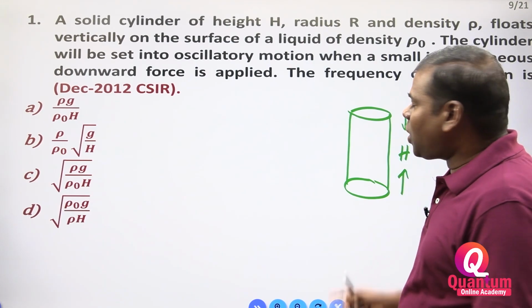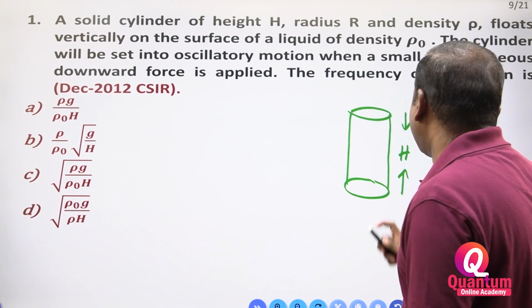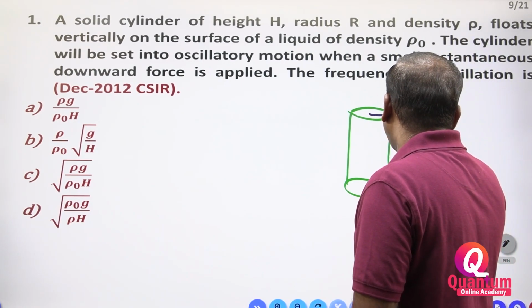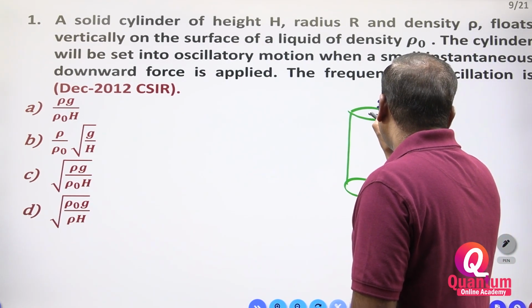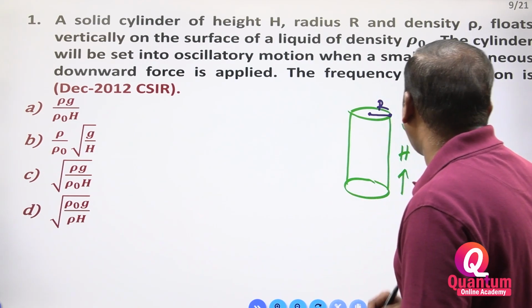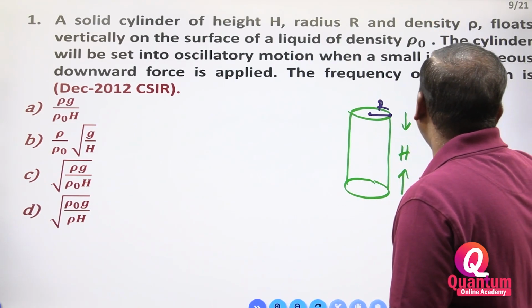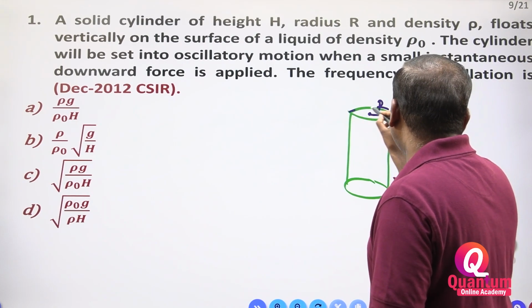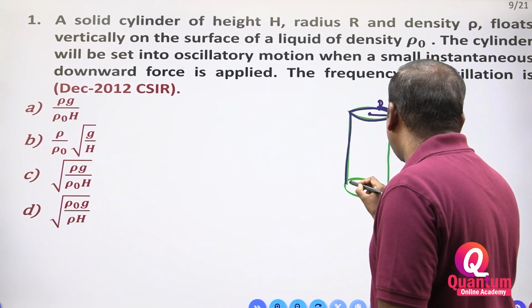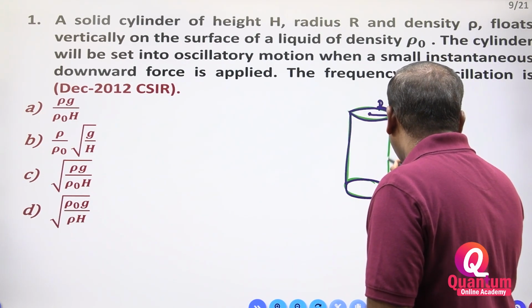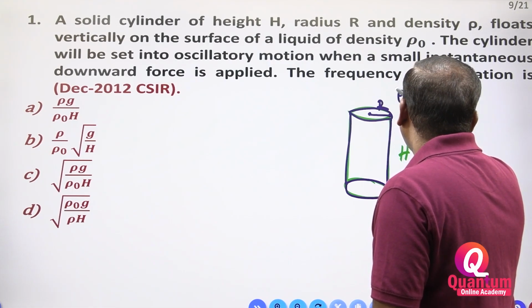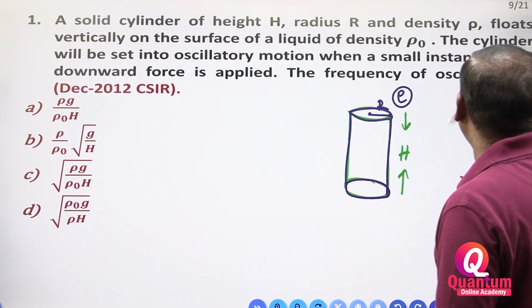You take the solid cylinder, height is h. What is the radius of this cylinder? The cylinder radius is r. The density of the cylinder is rho.